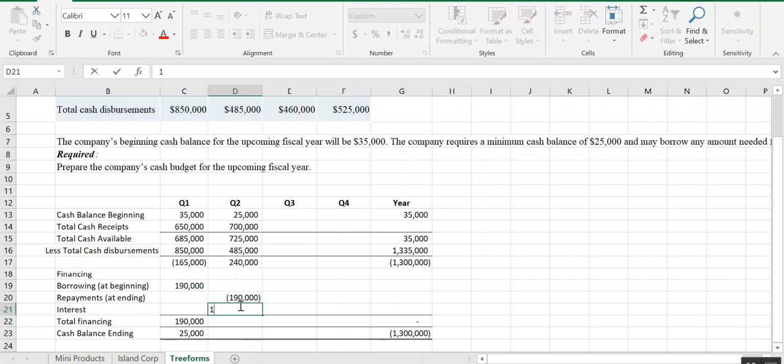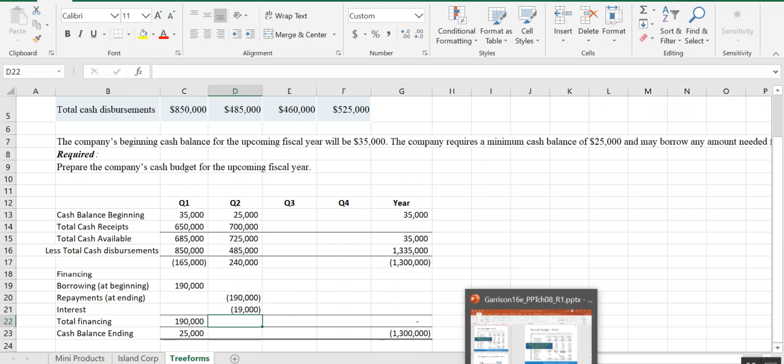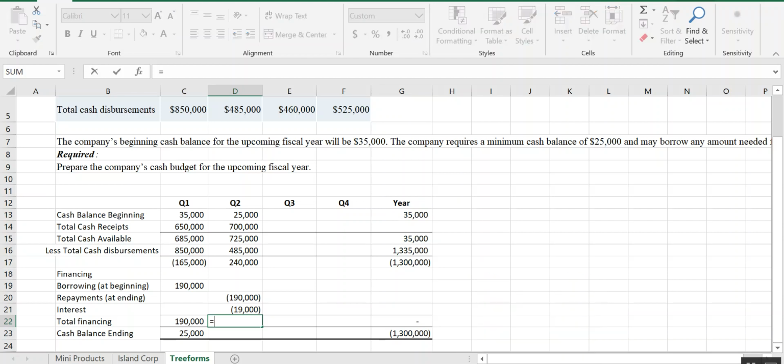So the interest rate here is based on a quarterly basis rather than a monthly basis. So they had 5% per quarter. There's 2 quarters. It's 10% interest, and that's where that interest comes from. So then we add these two together, and our total is going to be 209,000.